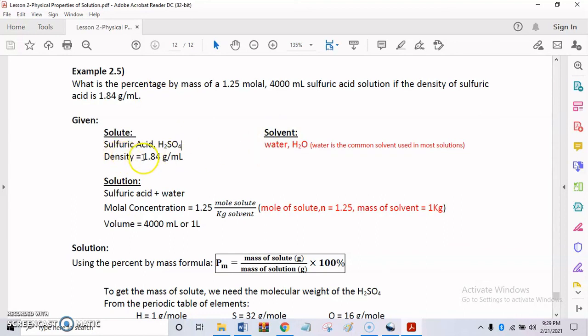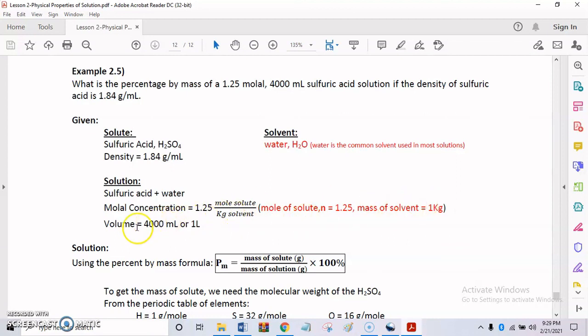Density of sulfuric acid is 1.84 grams per ml. So the solution is combination of sulfuric acid and water, and the concentration has a molal concentration of 1.25 mole solute per kilogram solvent. So the mole of solute N is 1.25 and the mass of solvent is 1 kilogram.